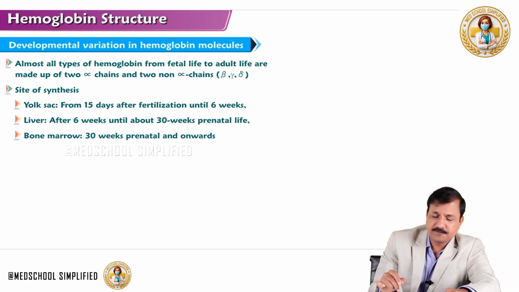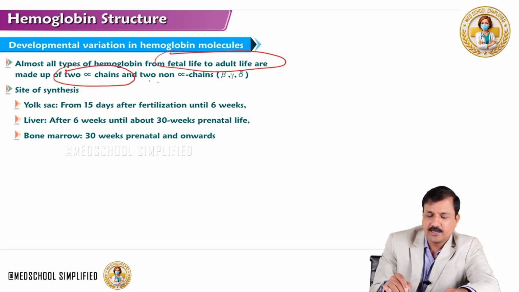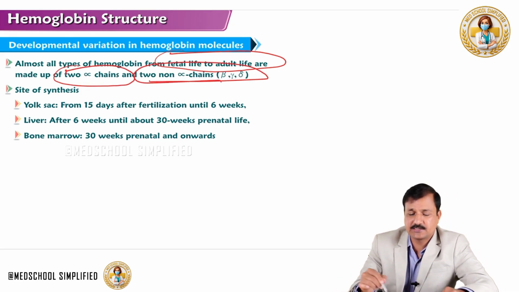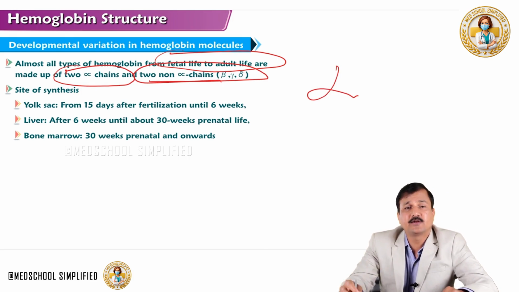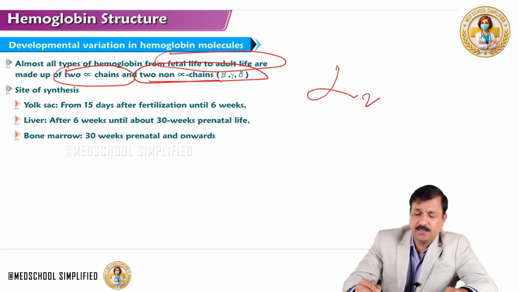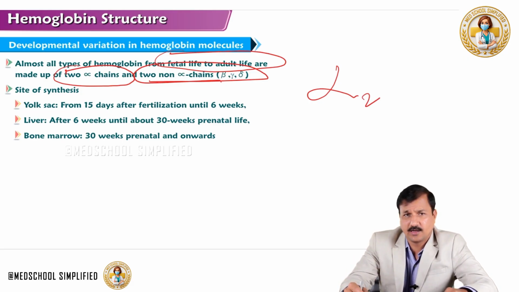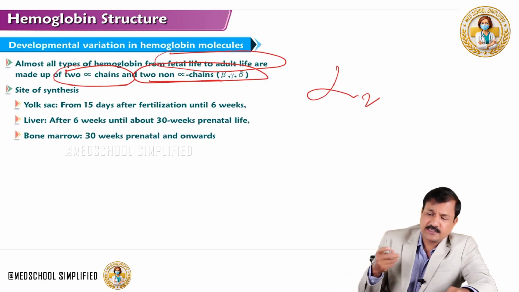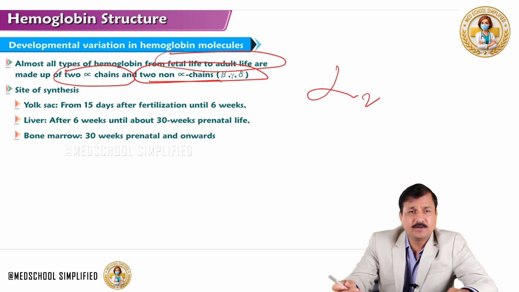Almost all types of hemoglobin from fetal life to adult life are made up of 2 alpha chains and 2 non-alpha chains. That means the alpha chain is fundamental for the hemoglobin molecule from fetal life onwards. Along with the 2 alpha chains, there will be 2 non-alpha chains. It can be beta chains, gamma chains, or delta chains.